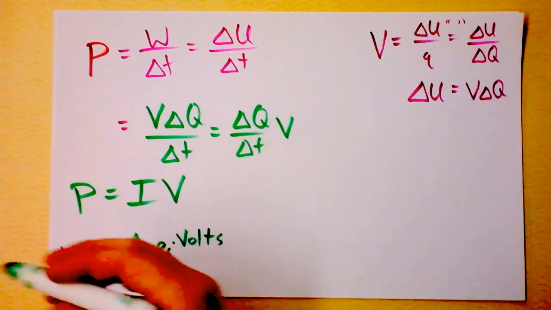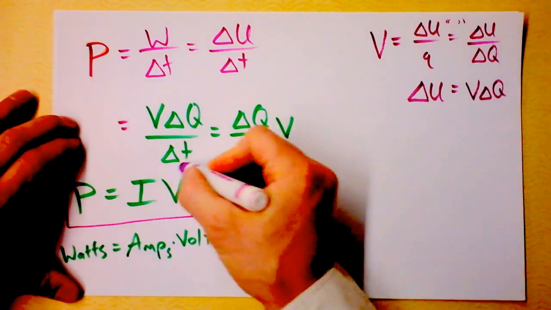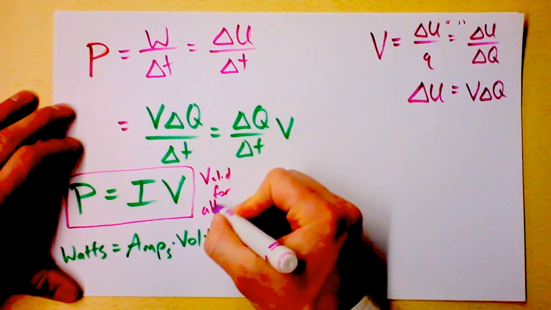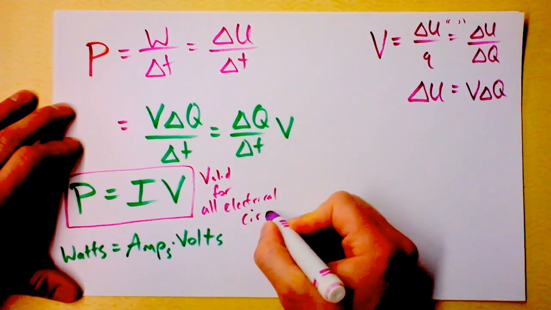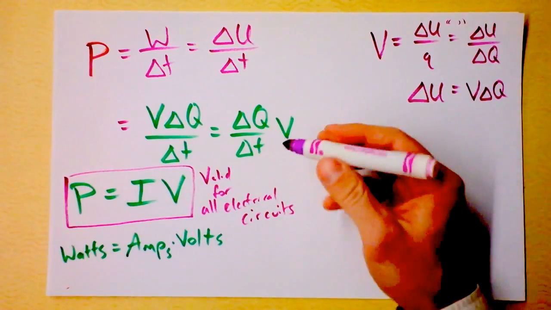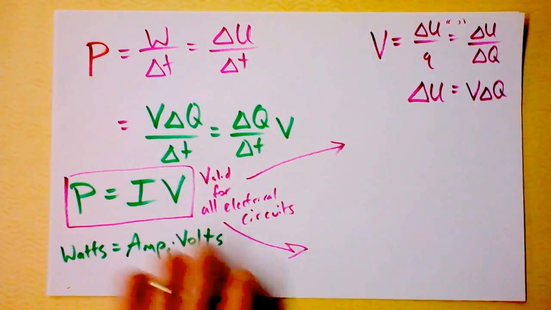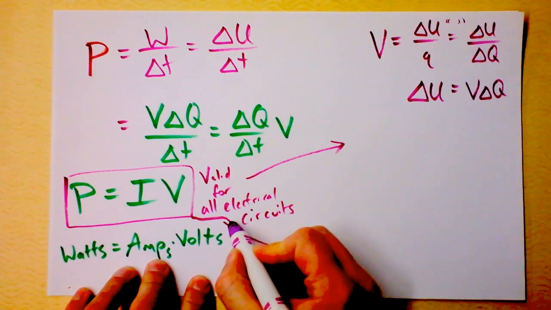Now this equation is such a beautiful equation, it is valid for all electrical circuits. But we could take this equation 2 different directions using Ohm's law, and this would not be the case. Let's see, I should box this in here.